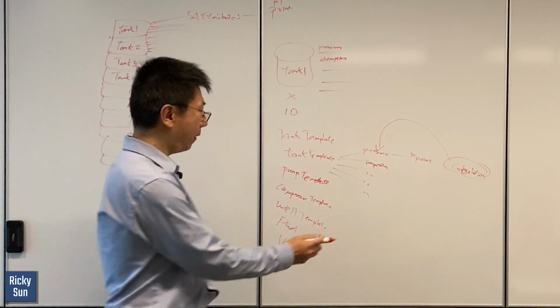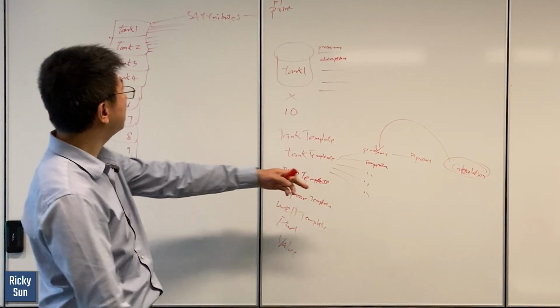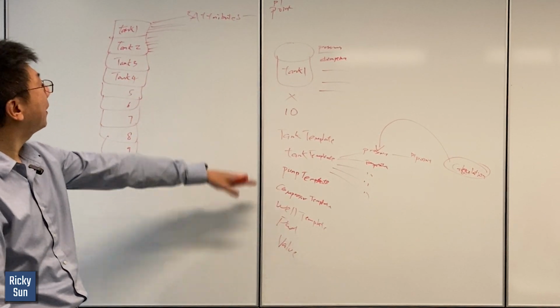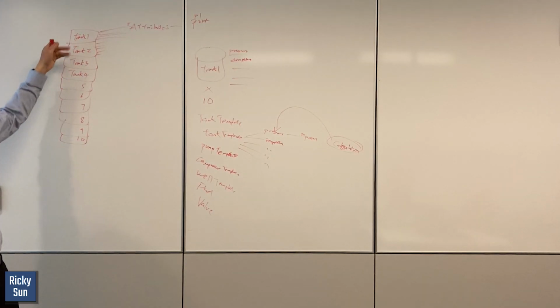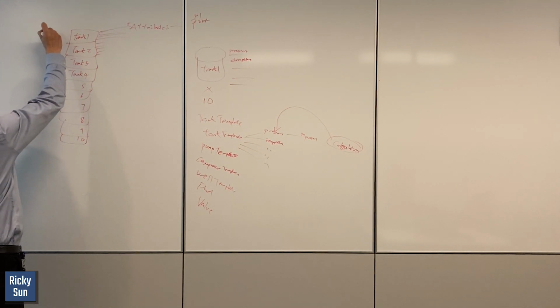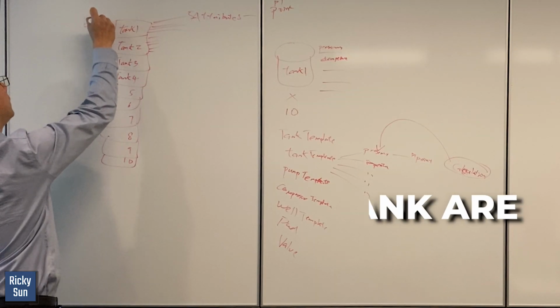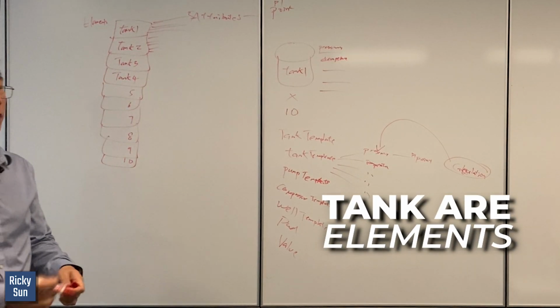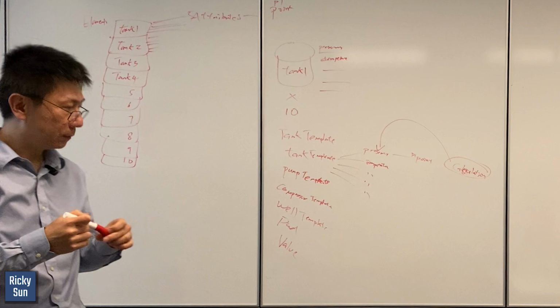All have different attributes. And then you just have to utilize your template and put it on here when you create the elements. Tanks are elements, which is an asset I talked about.